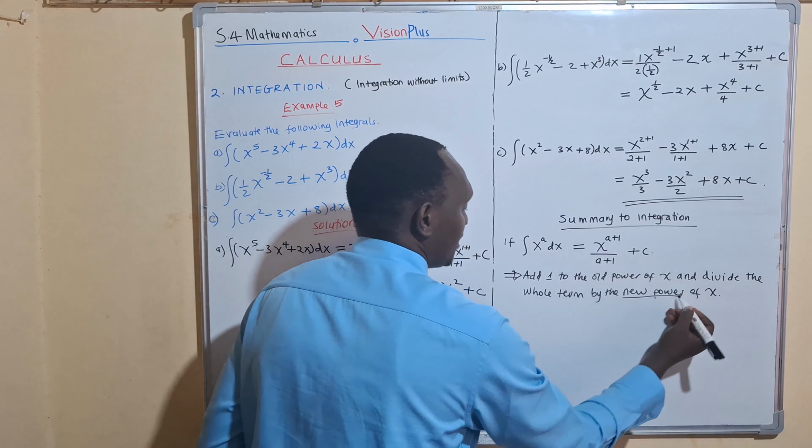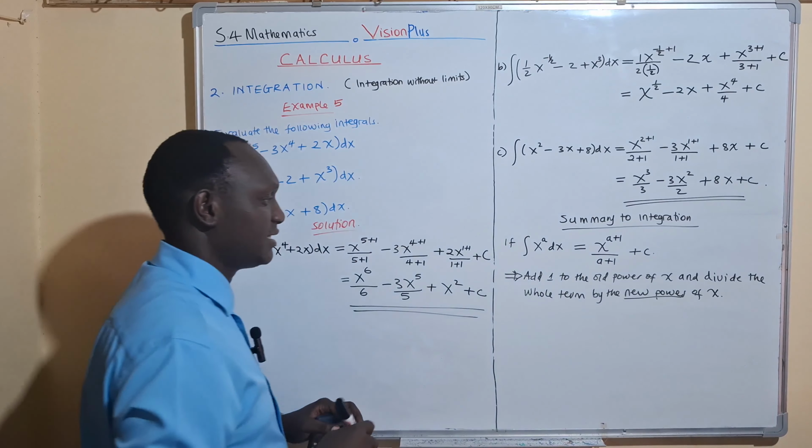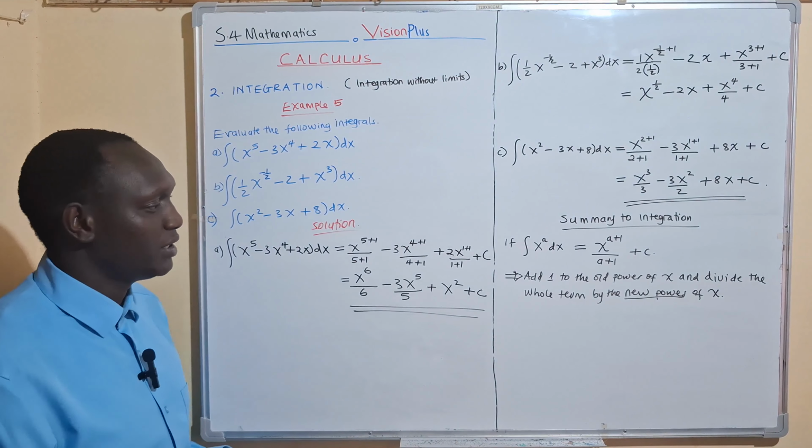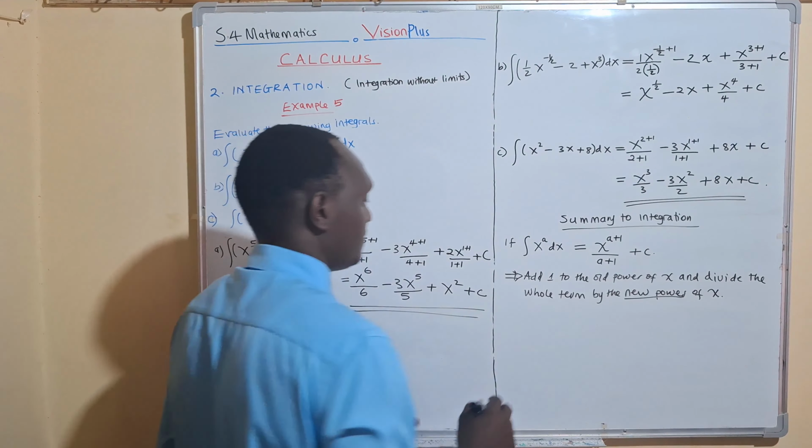What is the new power of x? The new power of x is that number which you obtain after adding 1 to the old power of x.